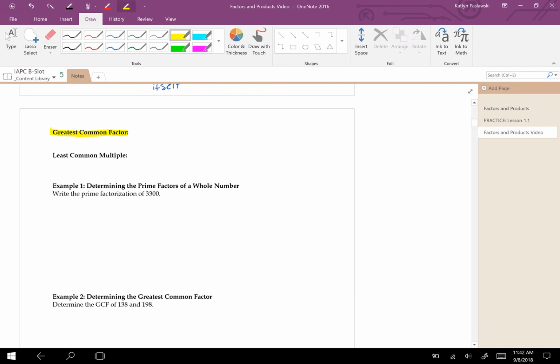So here we have greatest common factor and least common multiple. You may be familiar with these terms in the acronyms GCF and LCM. Now, greatest common factor, so that's the greatest factor that 2 numbers have in common.